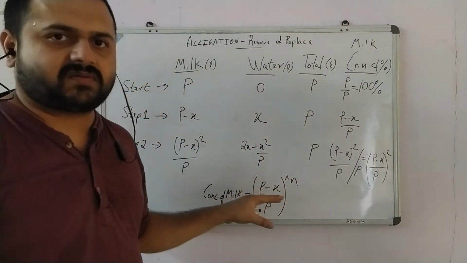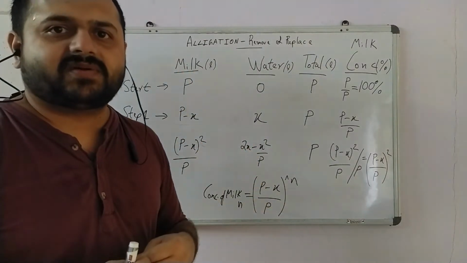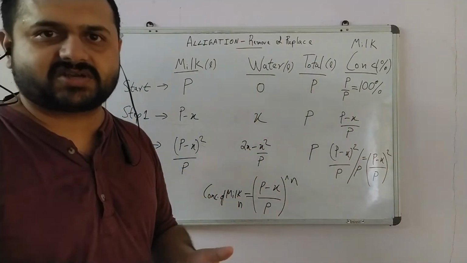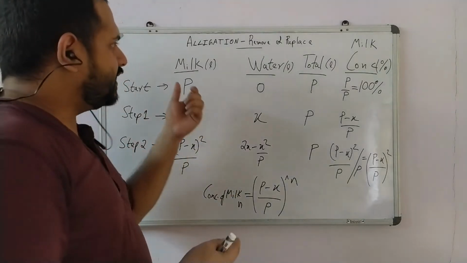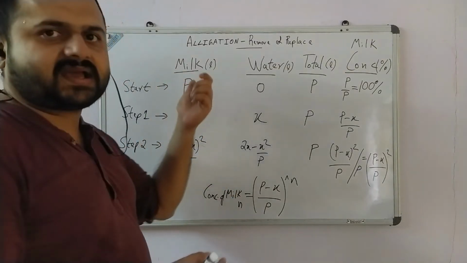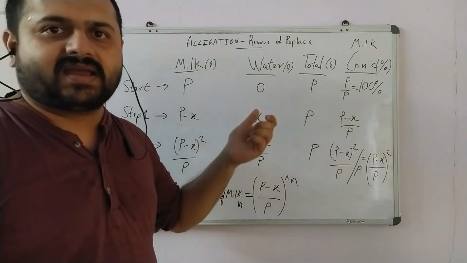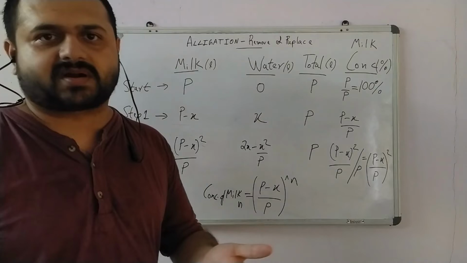Obviously you can learn this formula and solve questions, but it's important, like I said at the start of the video, to understand this basic concept so that even if there is some twist that is introduced in the question, you'll be able to answer it. Next, we'll take numbers. For example, I'll take 100 liters of milk and we'll give specific numbers and see how this is working out so that the concept is super clear to you.